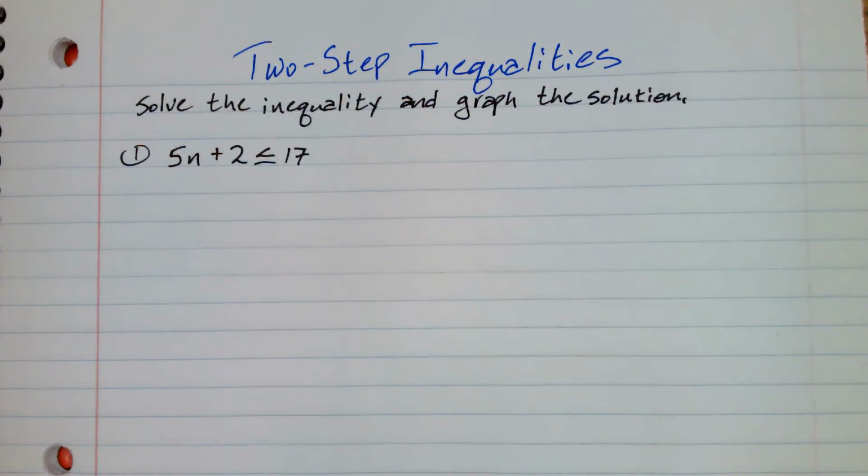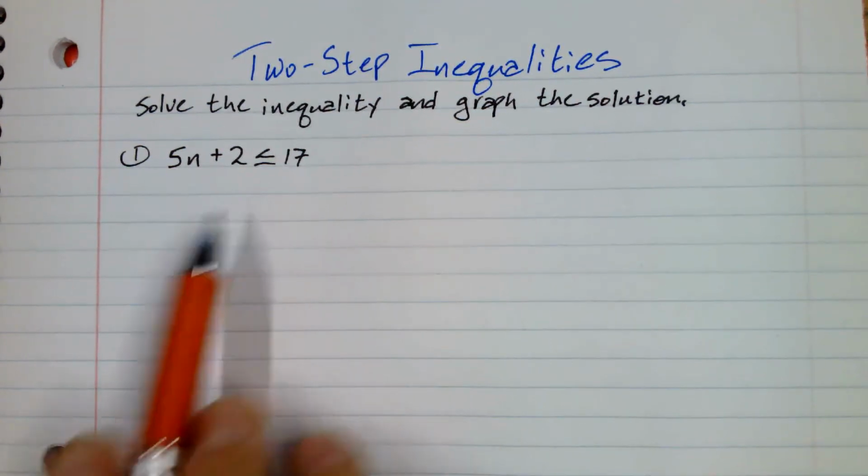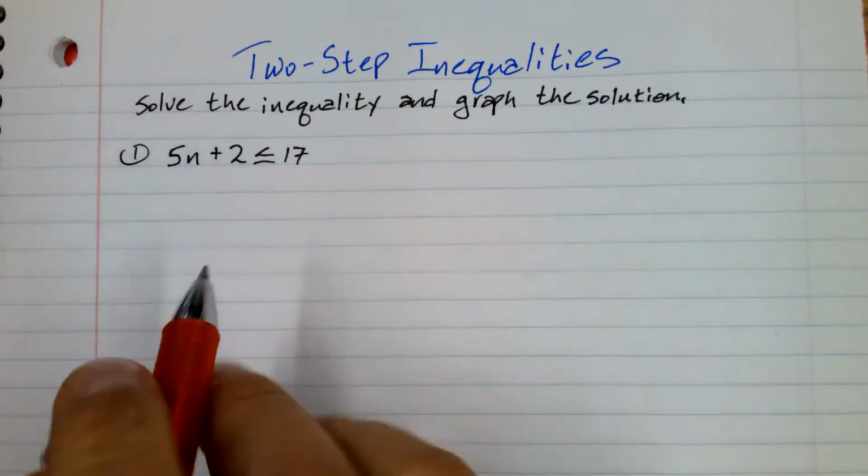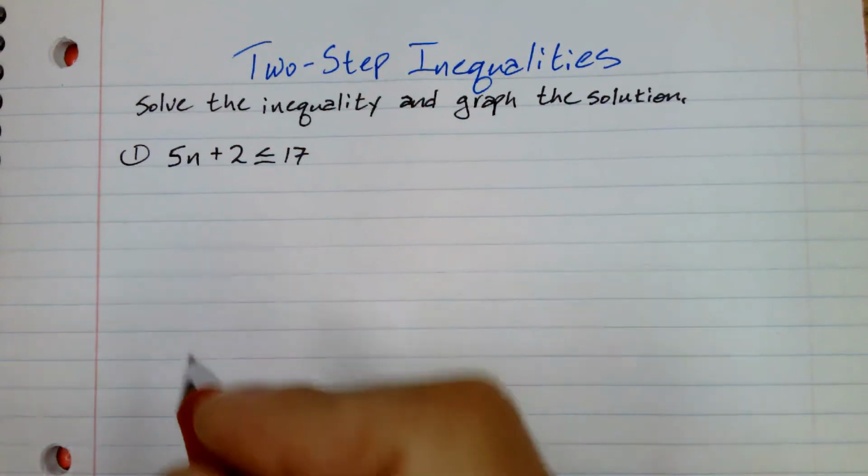If I want to solve this showing the transformations like we normally do when we solve equations, what would I do to get n by itself? Very good. First step, get rid of the 2, someone said.